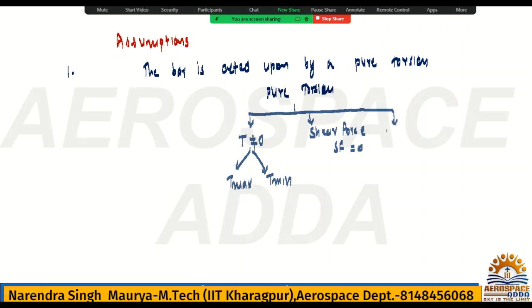Next, bending moment will be 0. And last is axial force, which means AF will be 0. So that's the meaning of pure torsion.